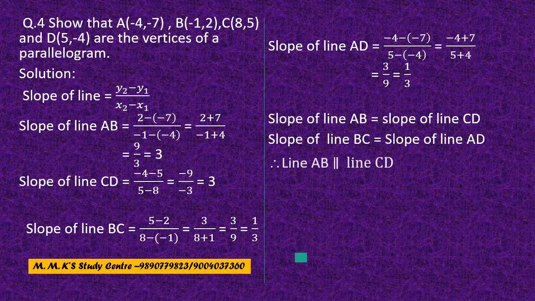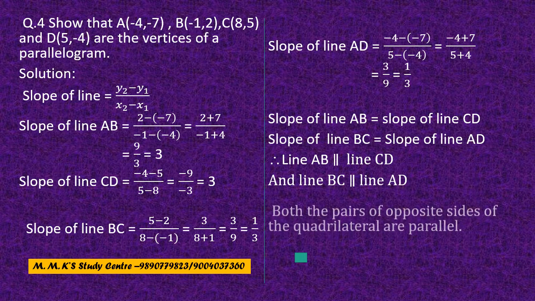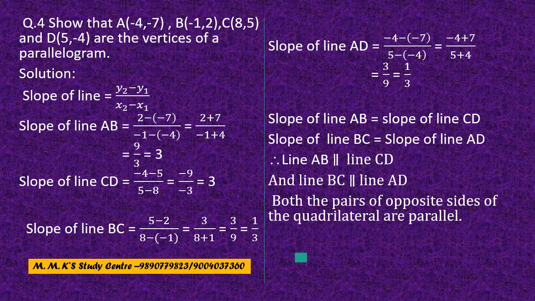So line AB is parallel to line CD and line BC is parallel to line AD. Both pairs of opposite sides of the quadrilateral are parallel. Therefore, quadrilateral ABCD is a parallelogram.